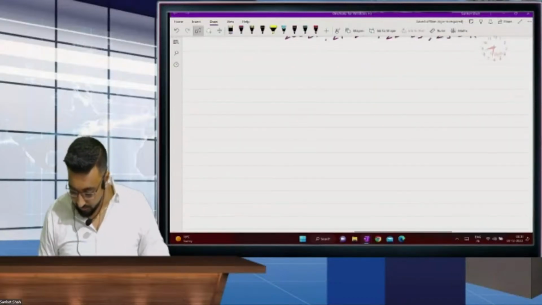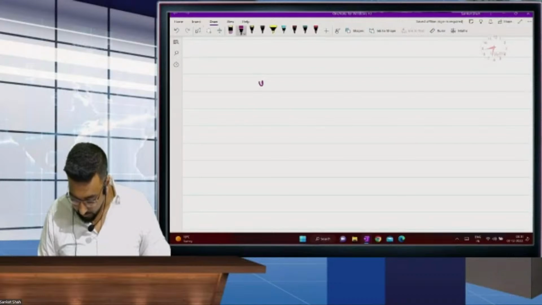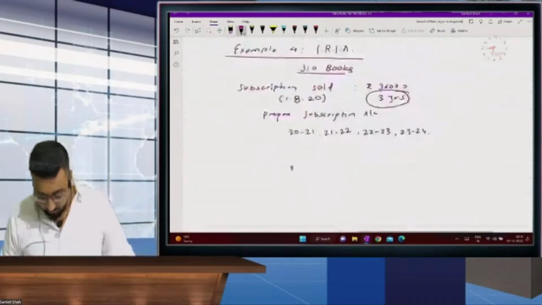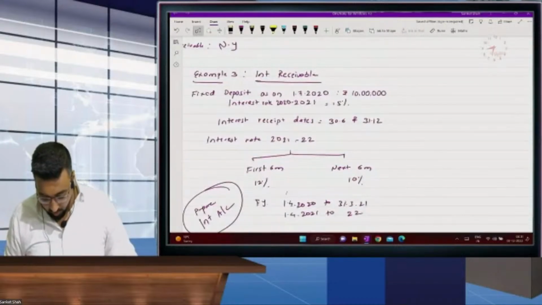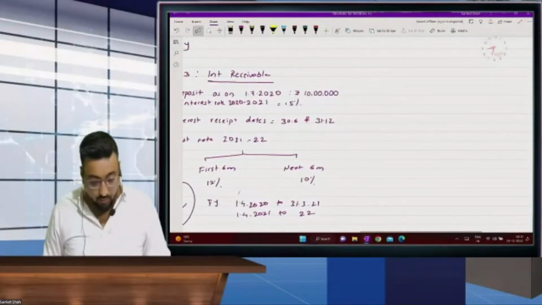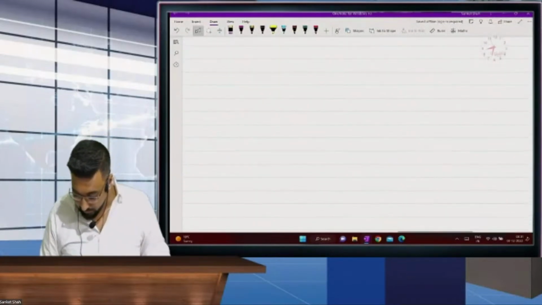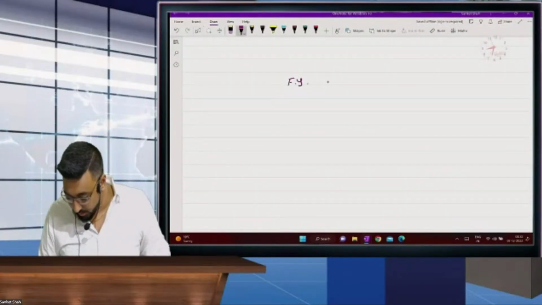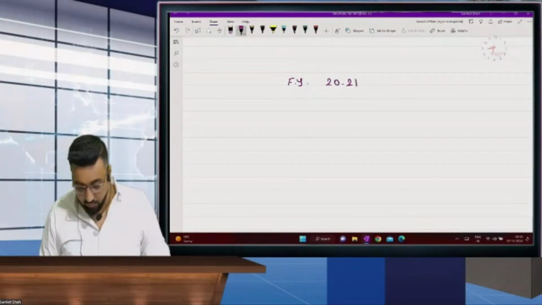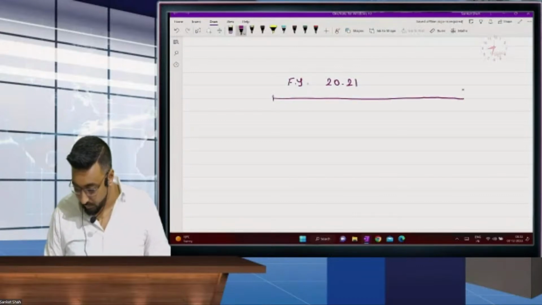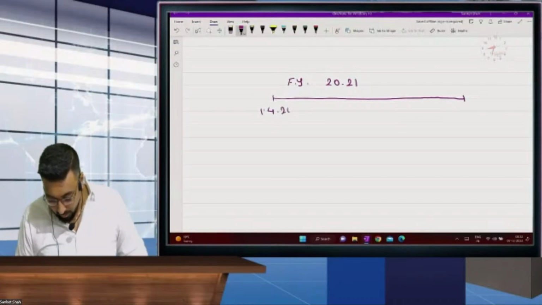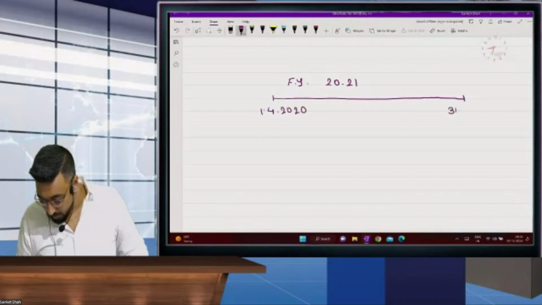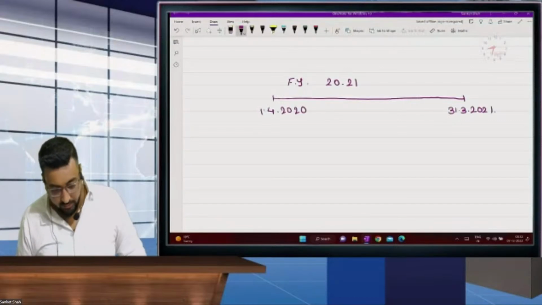See, beta, I will do it for the fixed deposit for the financial year 2021, first April 2020 to 31st March 2021.